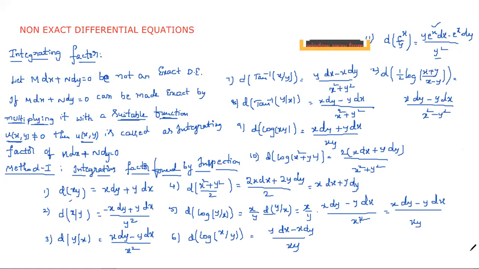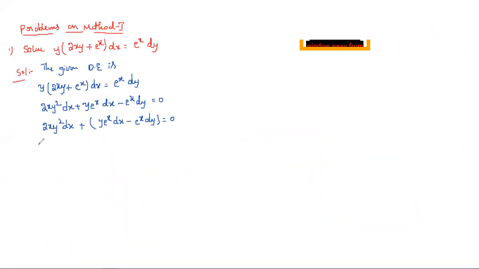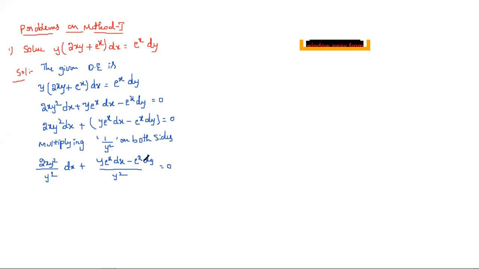For that, simply what we can do is multiply 1 by y square on both sides. Then what we'll get: 2x dx plus (y e power x dx minus e power x dy) whole thing by y square is equal to 0.